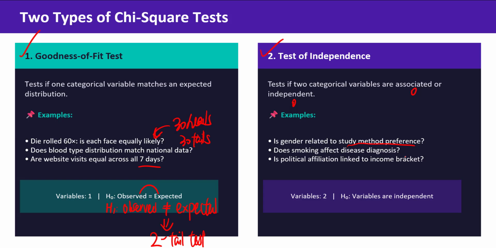Is political affiliation linked to income bracket? That's another example. Here H0 is that the variables are independent, meaning the row variable and the column variable, both categorical.